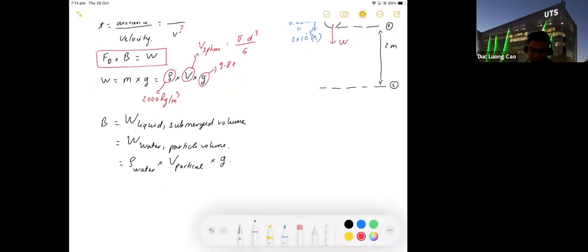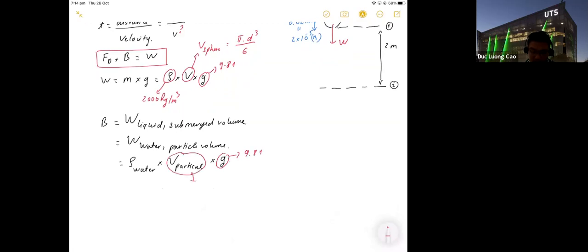So you have 9.81, volume of particle pi times d power 3 divided by 6, and rho water 1000.